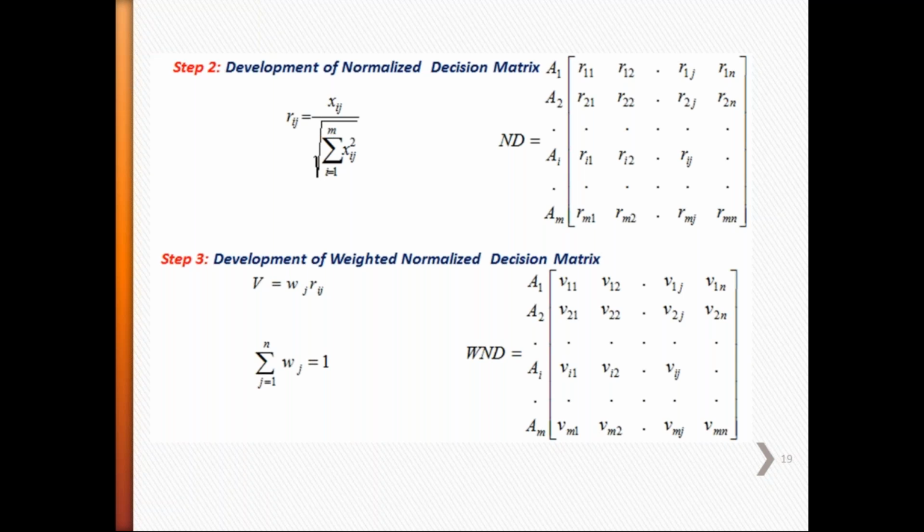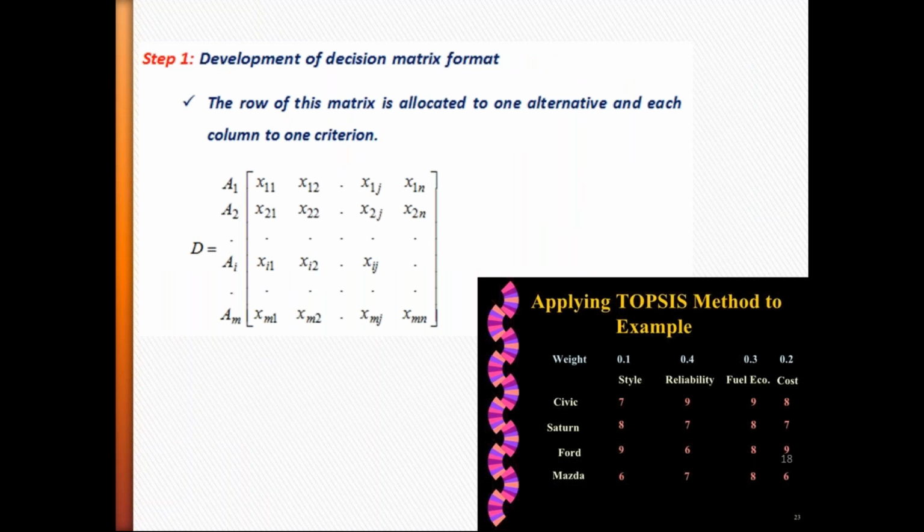Now come to the equation of the normalized decision making matrix. The normalized decision making matrix follows vector normalization. Understand? You follow the nomenclature: the value xij at Cj, the jth column, corresponding to the ith alternative Ai.